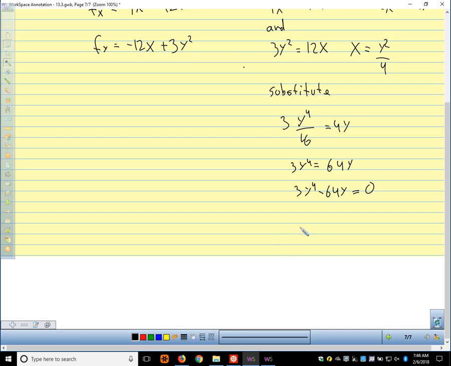And I'm going to factor. And this tells us that y equals 0, or y equals the cube root of 64 over 3. So 4 over the cube root of 3.